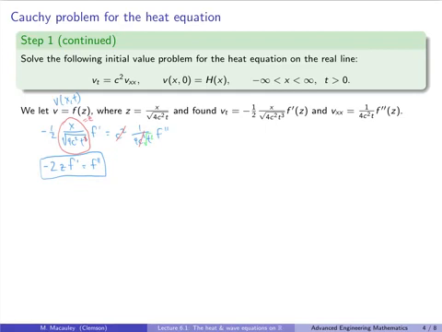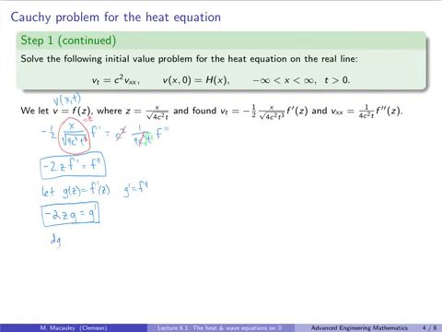In other words, what we can do is we can let g of z be f prime of z, and then g prime is just going to be f double prime. So if we do this, this becomes negative 2z g equals g prime, and this is something we can solve using separation of variables, among other methods.